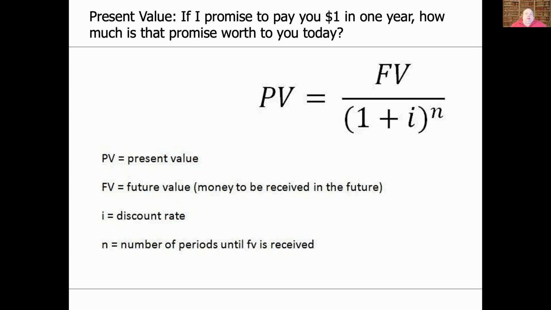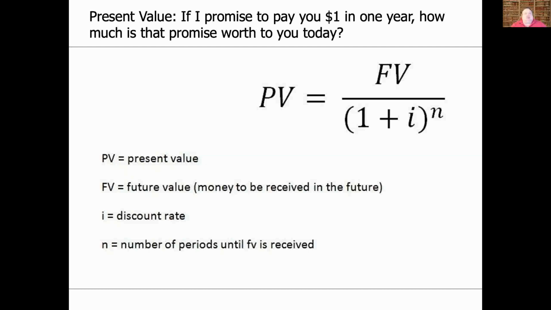What is the discount rate? Well, we're going to talk about how you calculate discount rates in a future video. You calculate it using what's known as the capital asset pricing model, and we'll talk about that in more detail in my video on using the capital asset pricing model in valuation.